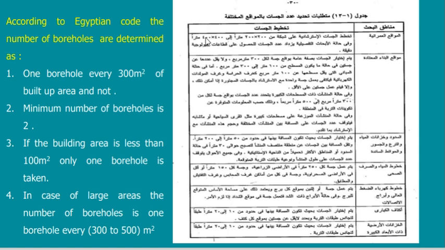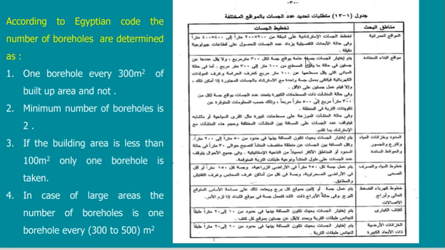It means that one borehole can cover an area 200 by 200 or 400 by 400. This is for a new area. I'm going to construct a new city, so this is the normal rate.